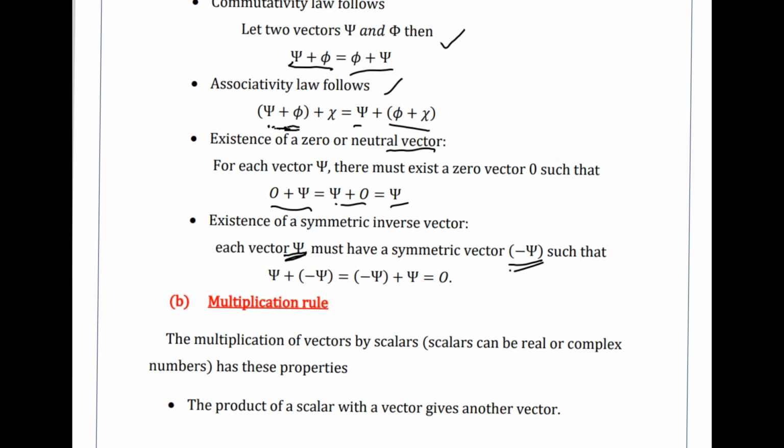So psi plus minus psi is equal to neutral vector.